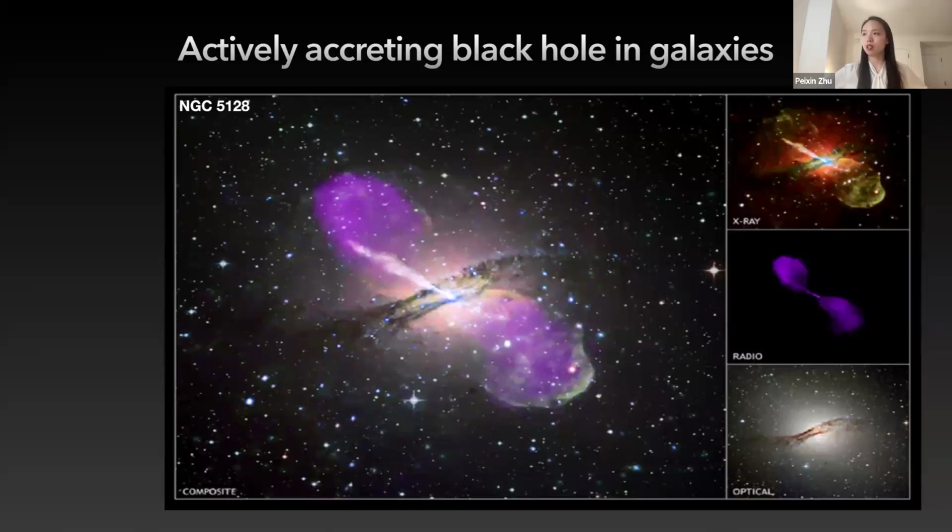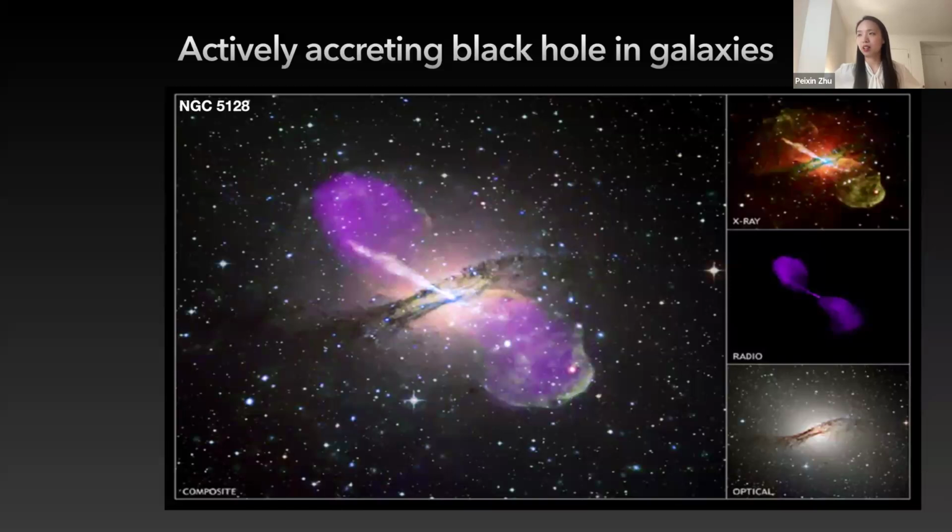And through more detailed study, astronomers found that this is an actively accreting black hole in the galaxy center. To be visible in the X-ray and radio wavelengths, the black hole needs to be actively accreting. We have a parameter to characterize how actively they are accreting.